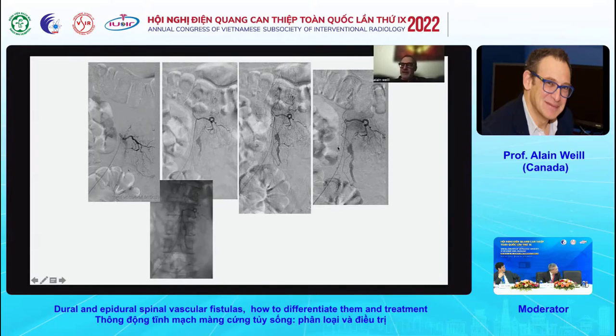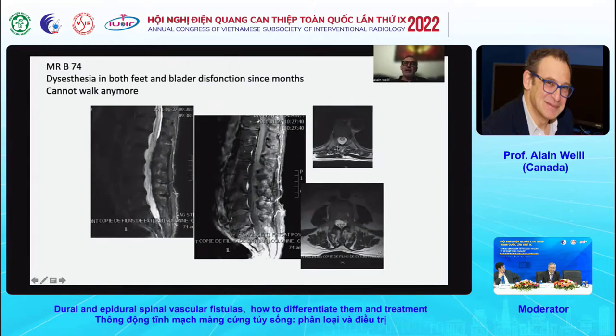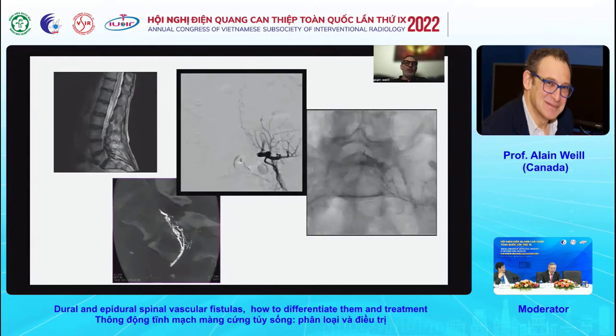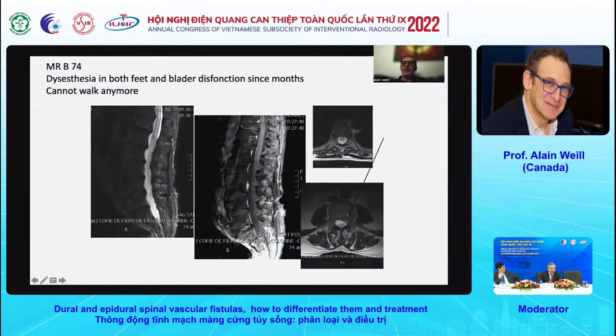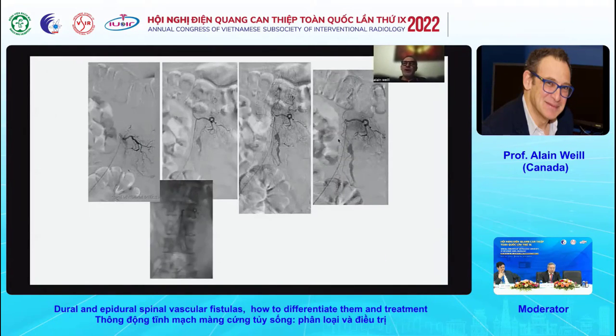And if I go back to the dural fistula, the aspect is radically different, because in this dural fistula there is no pouch like we see here.